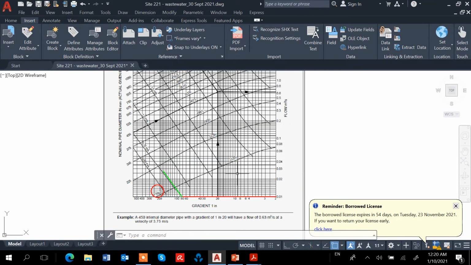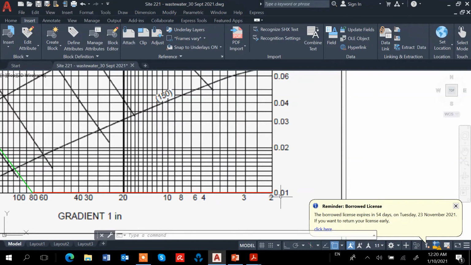In this chart we have slanting lines and horizontal lines. The flow we follow, we cannot go slanting, we have to go horizontal. The closest to 0.0009 is 0.01, in this case the minimum flow.